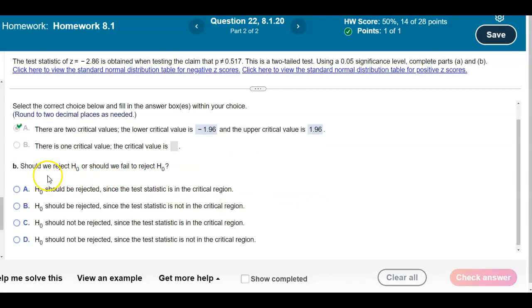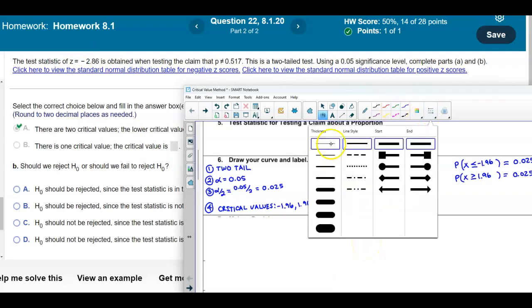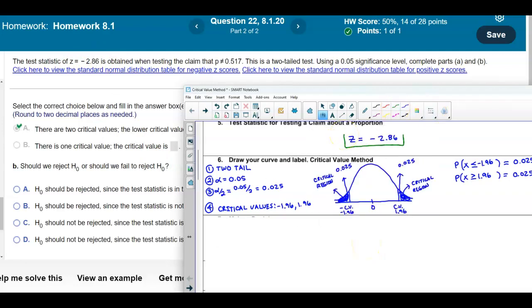Now we need to determine whether we should reject the null hypothesis or fail to reject it. In order to do that, we need to look at the test statistic. The test statistic is given to be z, which is equal to negative 2.86.